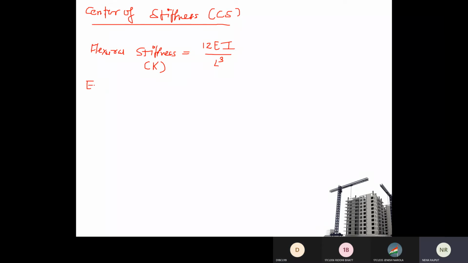Yes. So this is the equation 12 EI by L cube. What is E? E is the Young modulus of reinforced concrete. What is Young modulus of reinforced concrete?